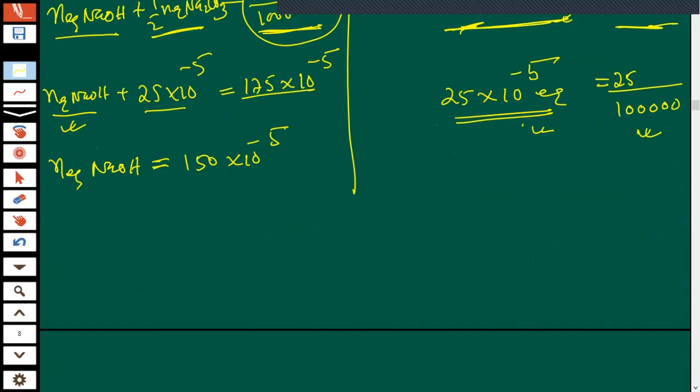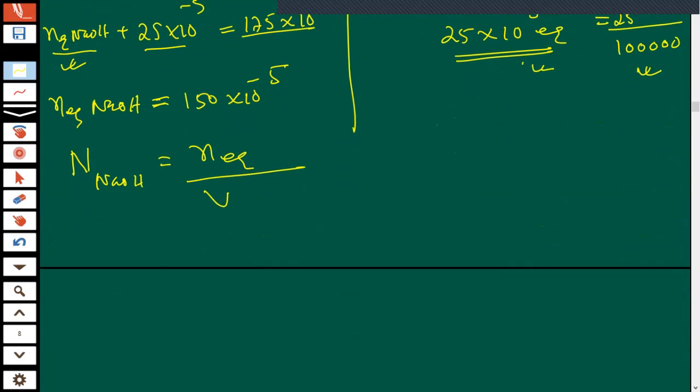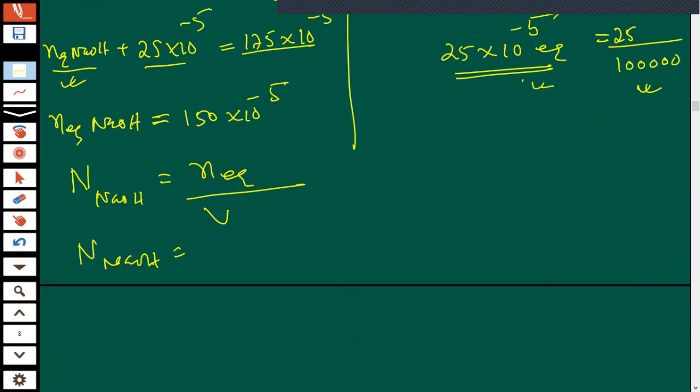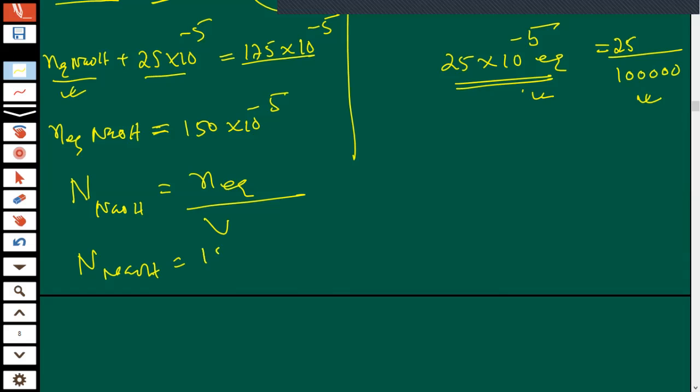How much will be the normality? The normality formula: normality of NaOH is equal to number of equivalent of NaOH by volume, right? What is the number of equivalent? 150 into 10 to the power minus 5.